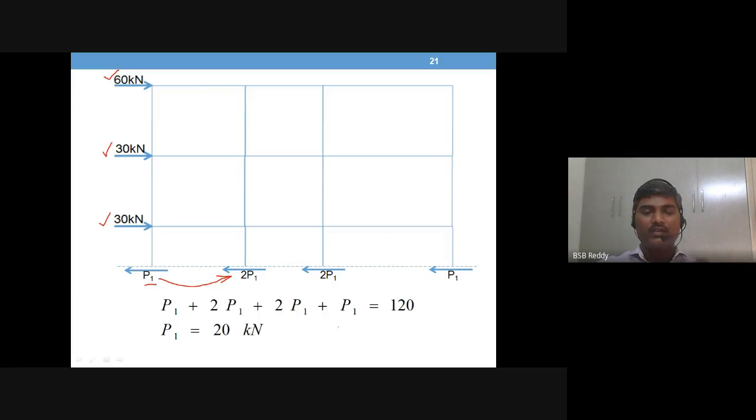So single equation, single unknown. That's the beauty of this assumption. So applying that assumption, interior columns will have 2 times the shear of this one. So applying that equation again, sum of horizontal forces equal to 0.